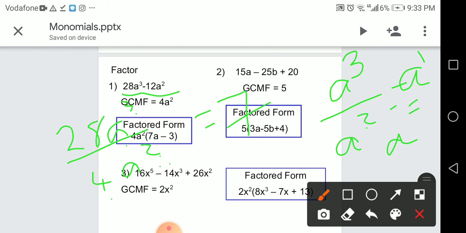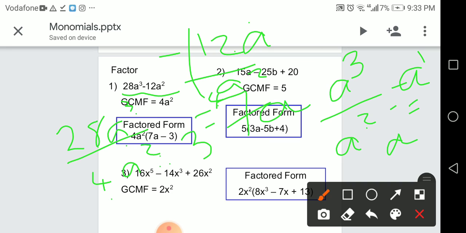So 7a. I have another one, negative 12a to the power 2, divided by 4a to the power 2. 12 divided by 4 gives me 3. A to the power 2 divided by a to the power 2 gives me just 1. So the answer will be negative 3, or minus 3.